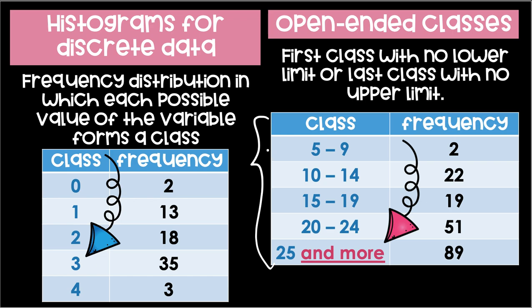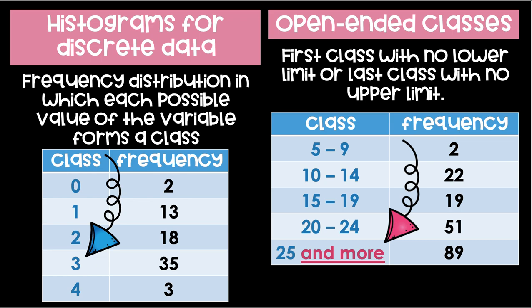If you notice, we start with kids, and then teenagers, and then young adults, and then middle-aged adults, and then you just put 65 plus. You don't even count an upper range anymore, just 65 and beyond. This is called an open-ended class. Could be the first one, with no lower limit, or it could be the last class with no upper limit.